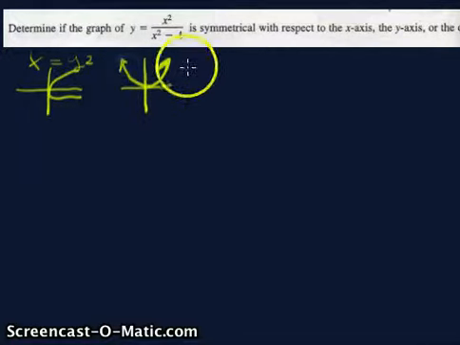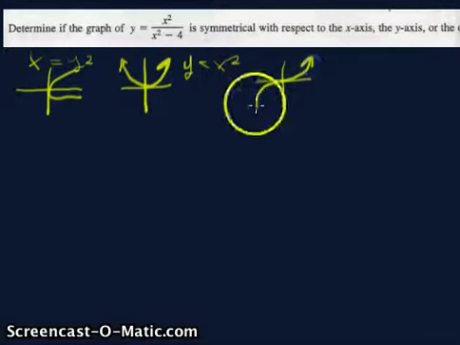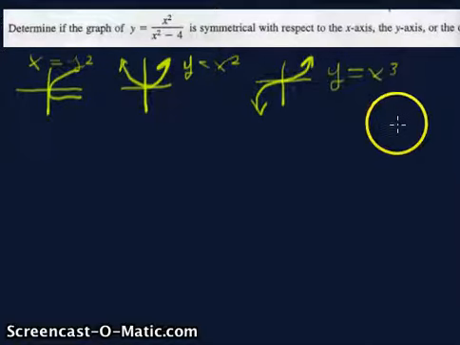That's the graph of x is equal to y squared. Symmetric with the y-axis is this way, and that's the graph y equals x squared. And symmetric with the origin, a good example of that would be the cubic function, y equals x cubed.